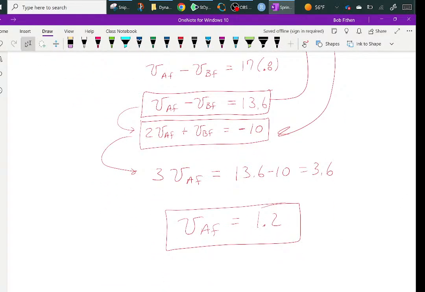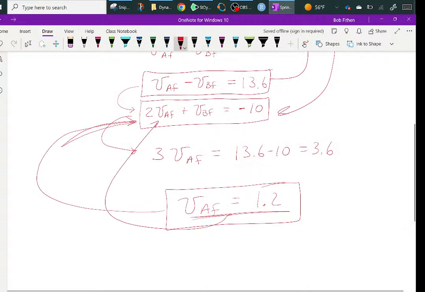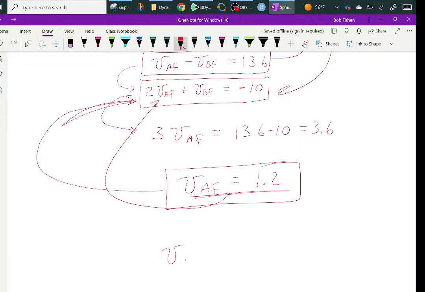So if that's the case, and I haven't made a mistake, and if I have, go ahead and tell me. If I put 1.2 right in here, I get VBF is equal to minus 10.